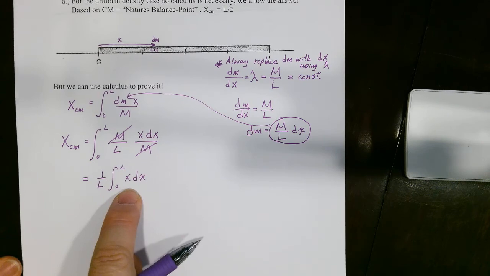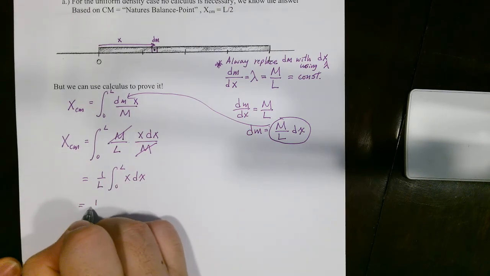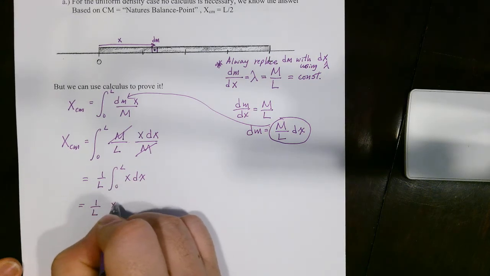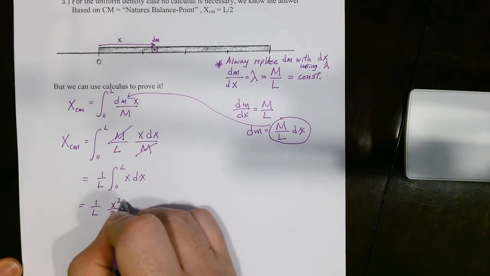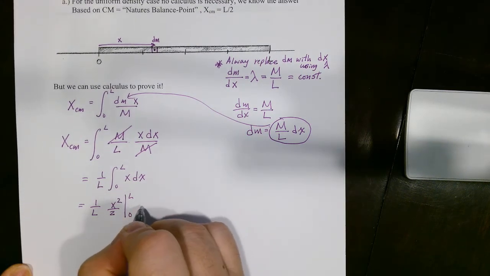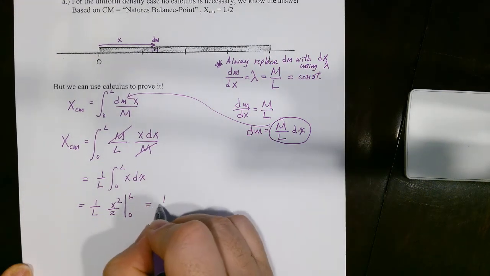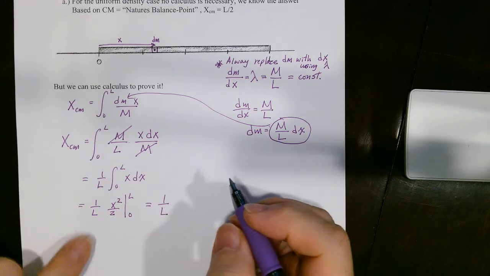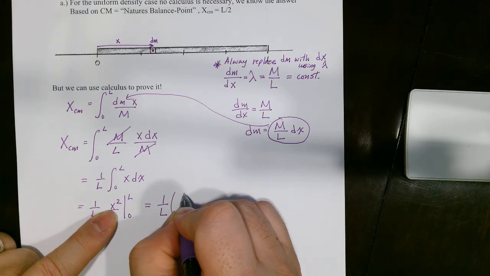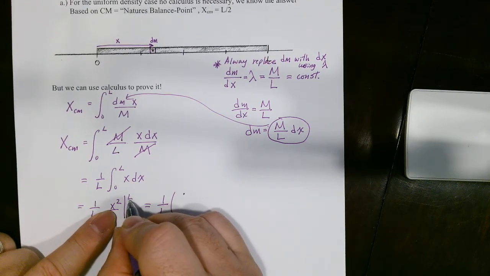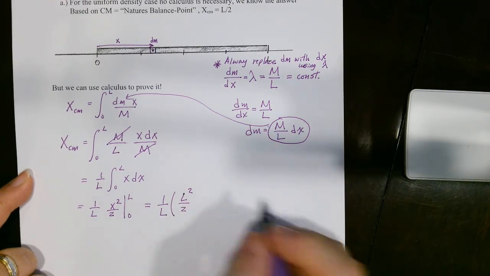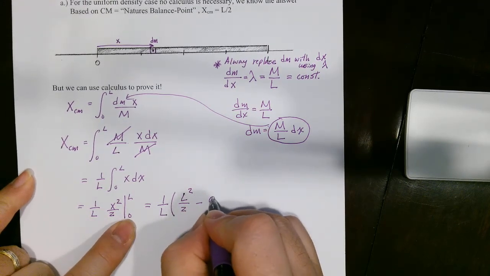We know how to integrate that, right? So this is 1 over L times x squared over 2, evaluated from 0 to L, right? And that is equal to 1 over L times, replacing x squared with L, I get L squared over 2 minus 0.